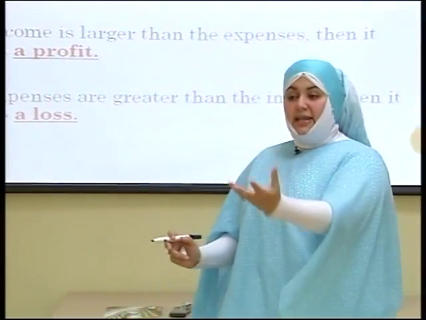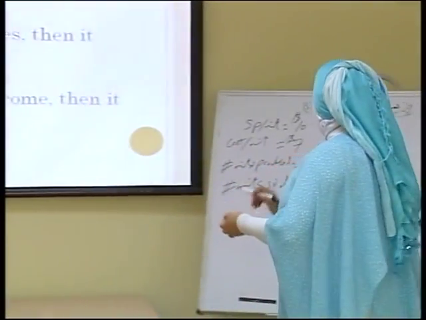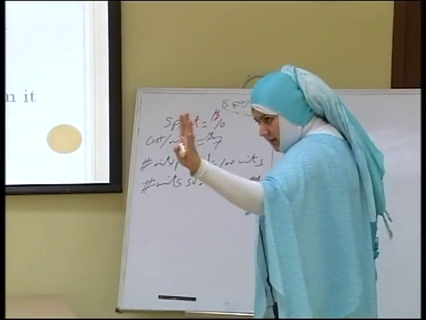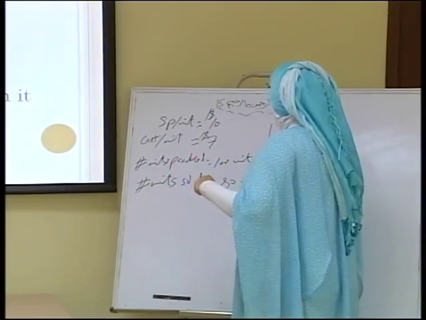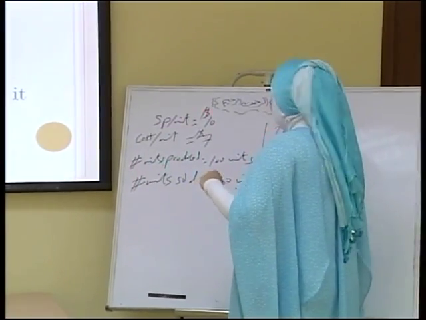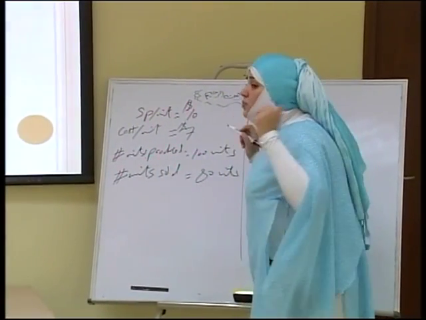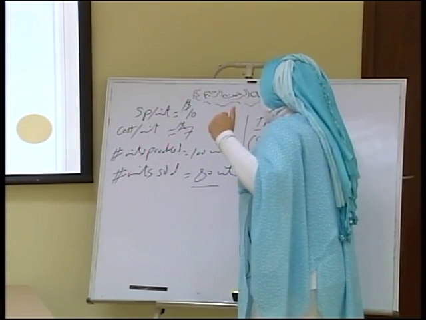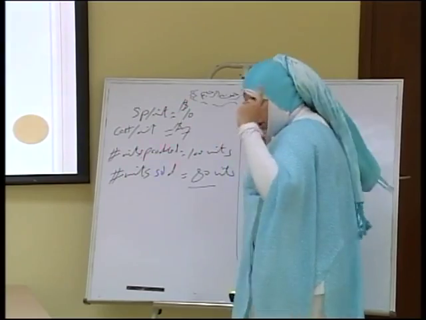If you would like to calculate income, revenues or sales, they're the same. So income is how much? How many units did we sell during the period? 80 units. Excellent. So it's 80 units, the number of units sold, right?